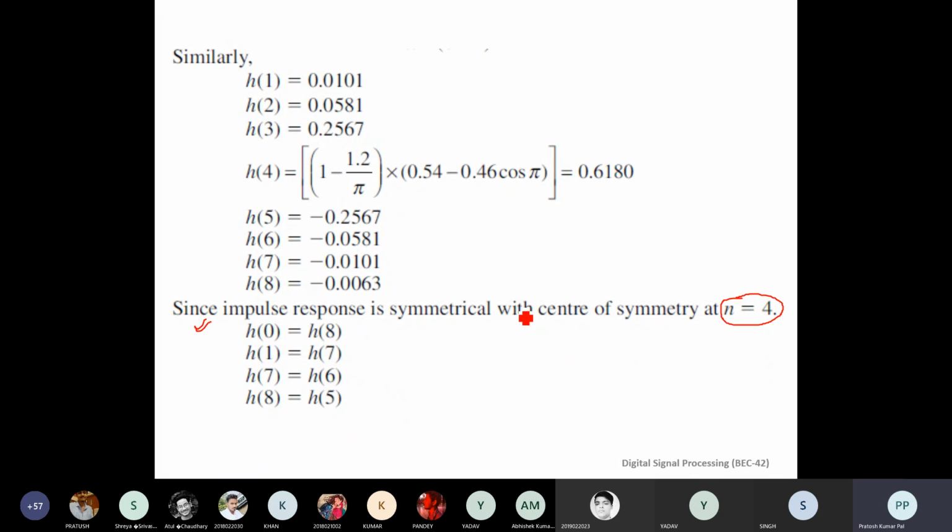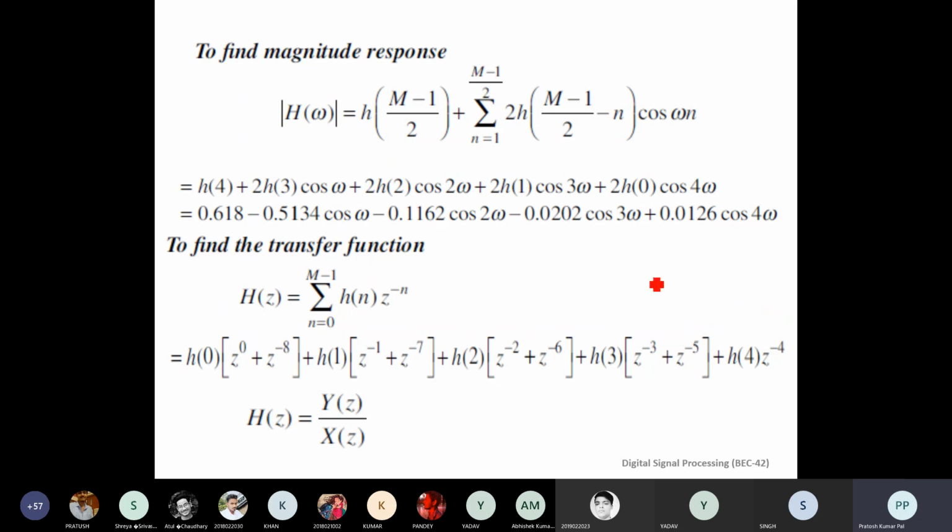Once we have found it is symmetrical along n equals 4, if we need to find the magnitude response, we find it in terms of omega. Generally, for n from 0 to (M minus 1) divided by 2, it is h of n into cos omega n.